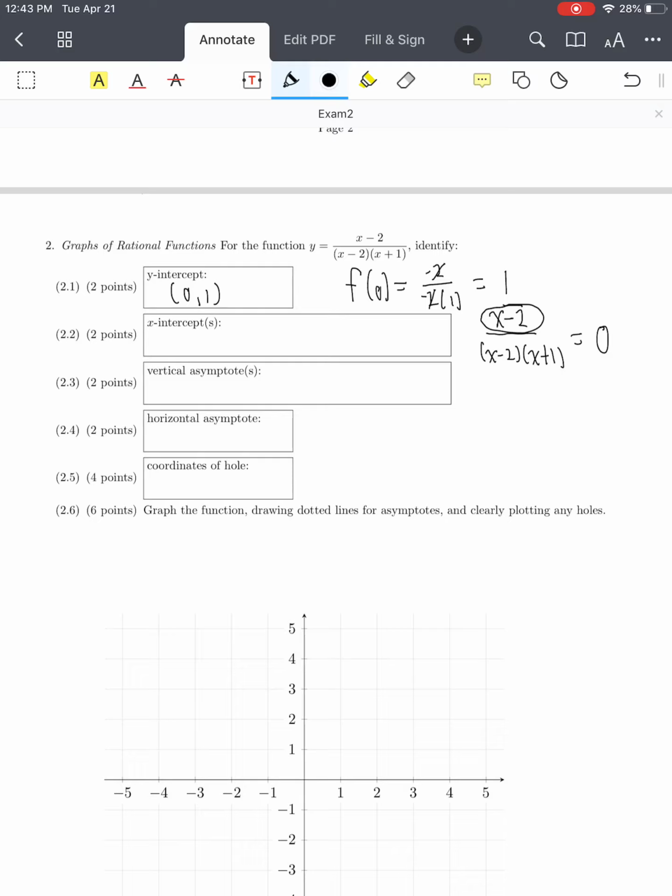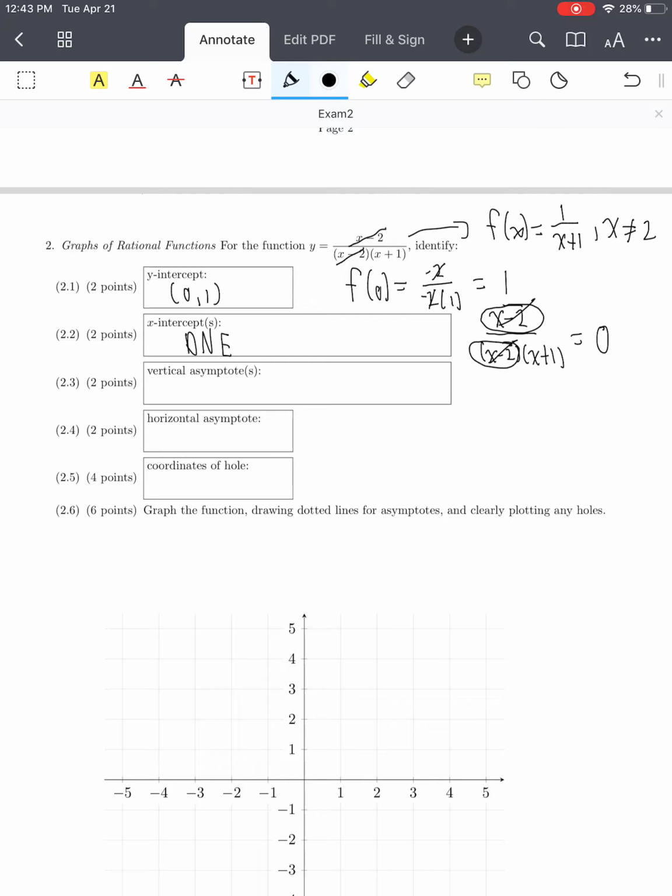But notice that we also have the same factor right here. So these will actually cancel each other off, leading to f of x being 1 over x plus 1, where x cannot equal 2. So in this case, there are actually no x-intercepts, does not exist.